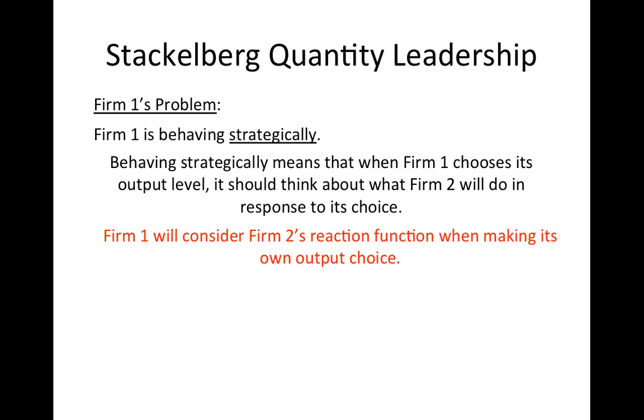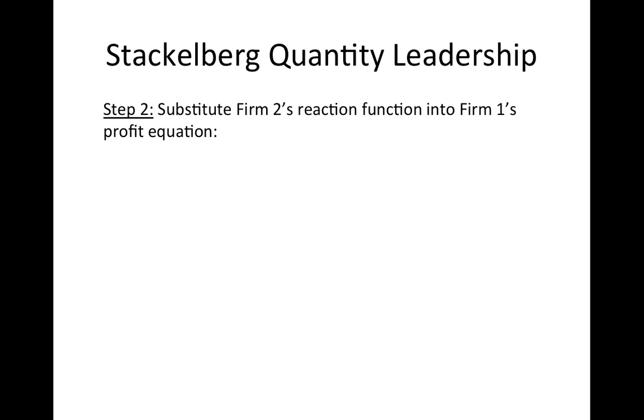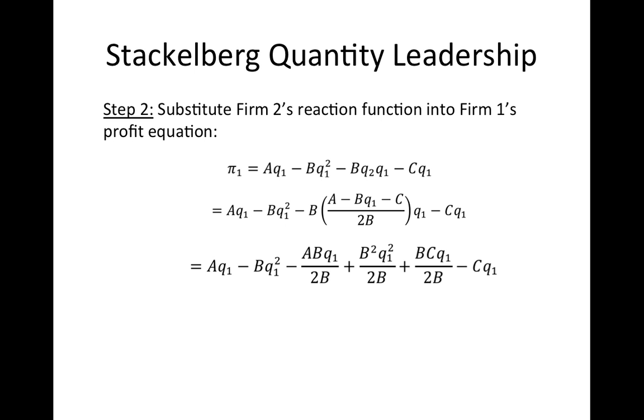We will start analyzing Firm 1's problem the same way that we did with Firm 2, by writing down its profit equation. The second step is to substitute Firm 2's reaction function for Q2 into this equation and simplify.